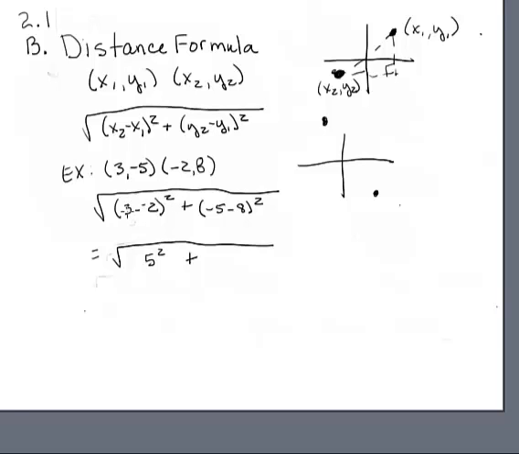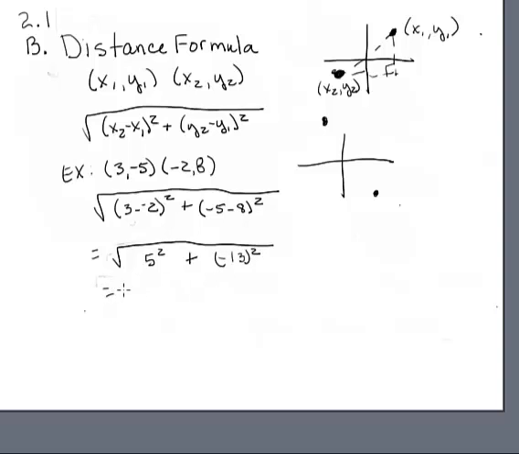So this is the x's. I subtract the x's and square them. So 3 take away -2, that's right here, squared, plus, now subtract the y's, -5 minus 8 squared. Well, 3 minus -2 is 3 plus 2, which is 5. 5 squared is here. -5 minus 8 is -13, and I'll be squaring that.